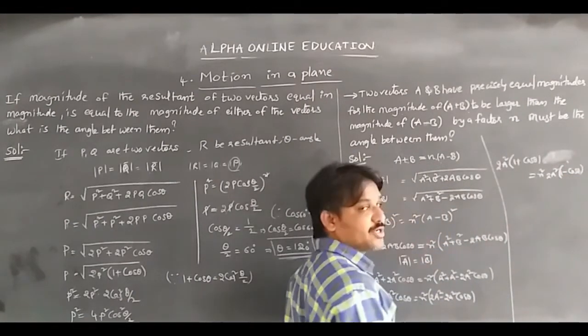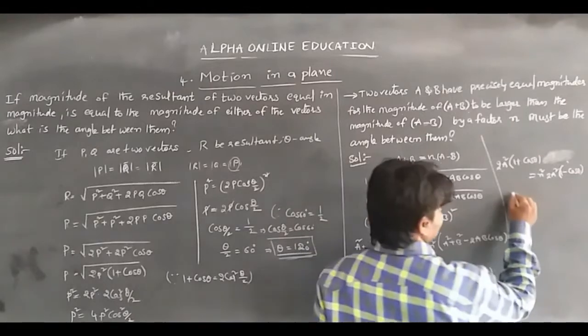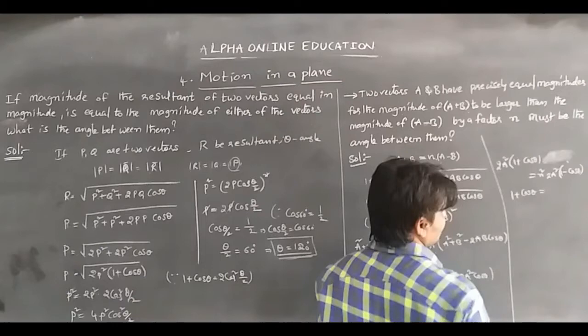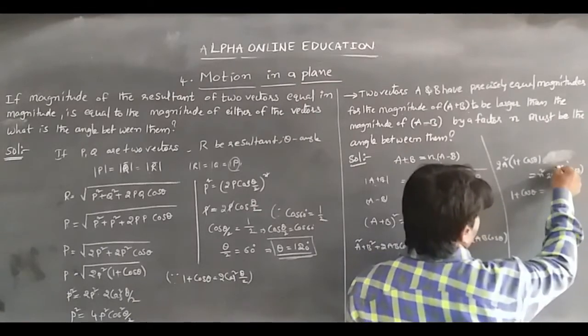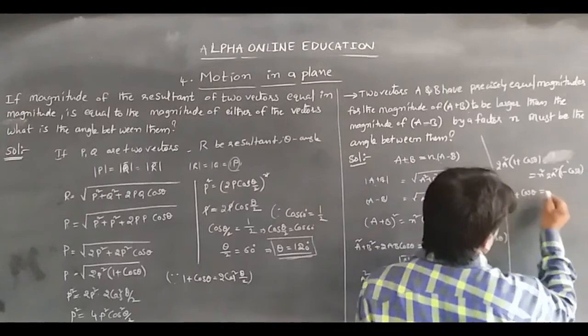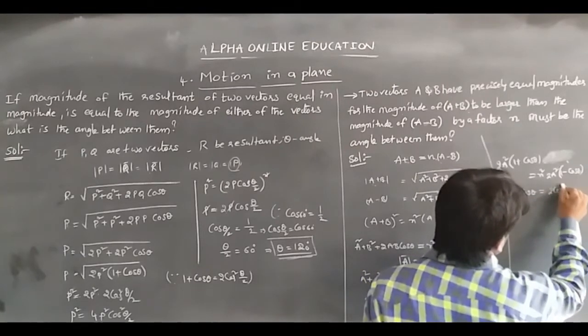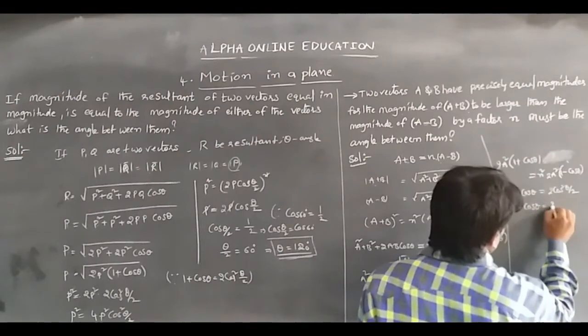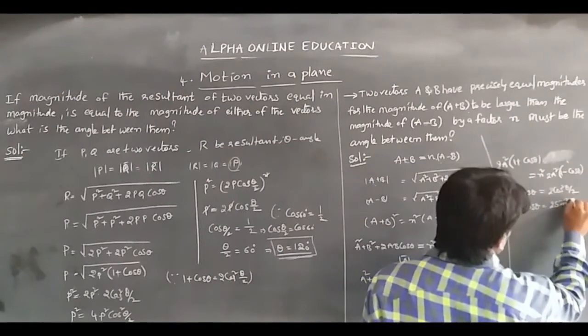But according to the mathematical formulas, we know that 1 plus cos theta is equal to 2 cos square theta by 2, and 1 minus cos theta is equal to 2 sin square theta by 2.